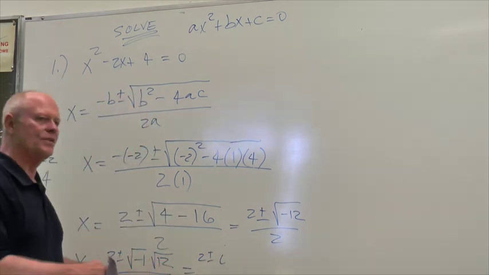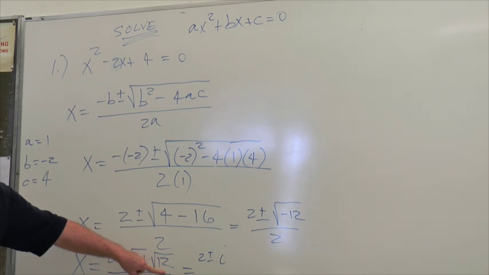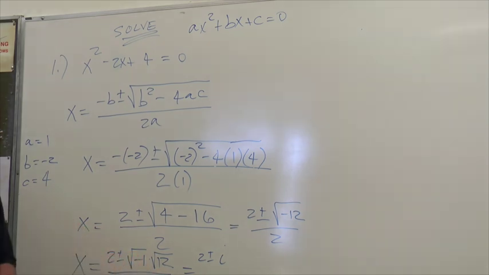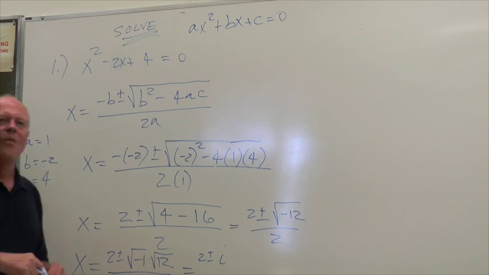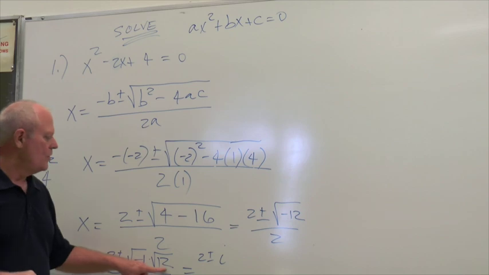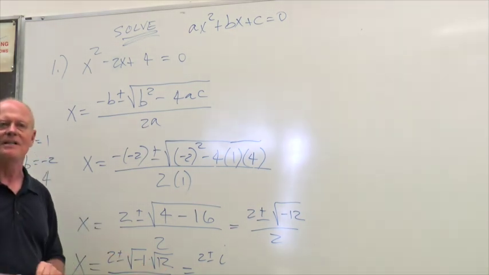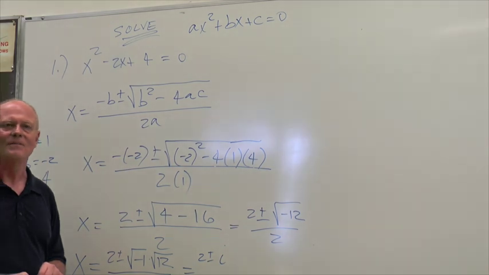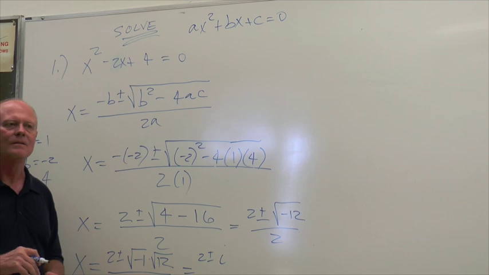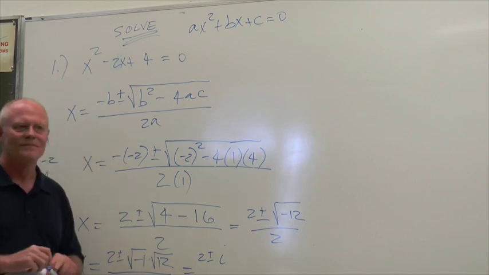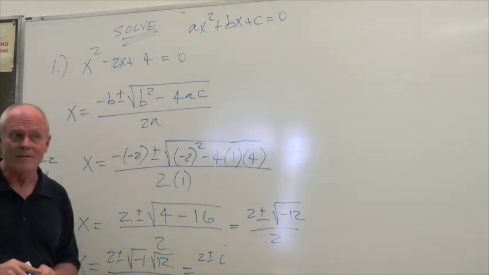Now, 2 plus or minus i. But what's going on with the square root of 12 here? Does the square root of 12 simplify? Yes. Good. You want to look for factors of 12 that are perfect squares, right? Doesn't 12 have a factor that's a perfect square? 4, right?